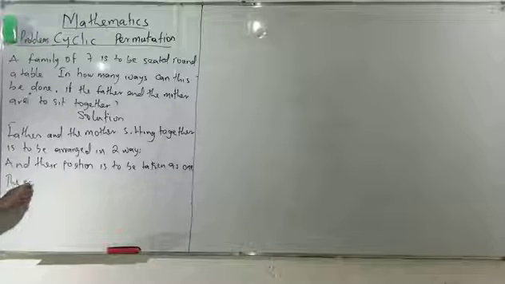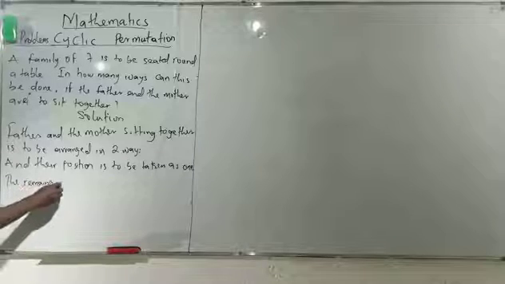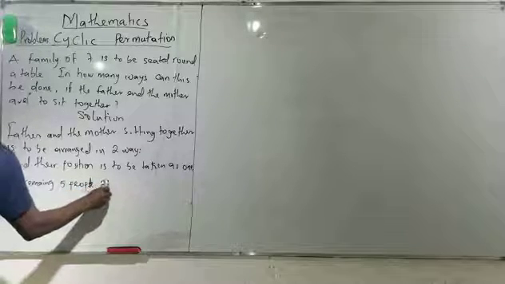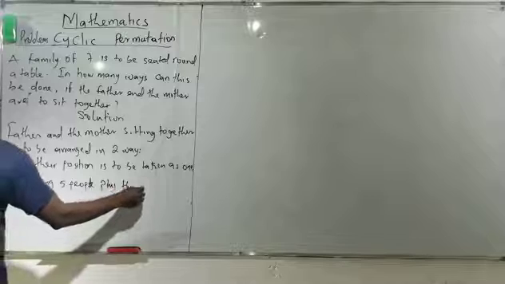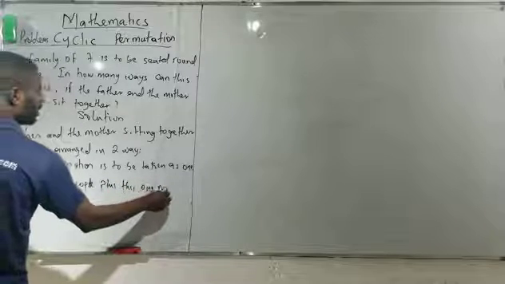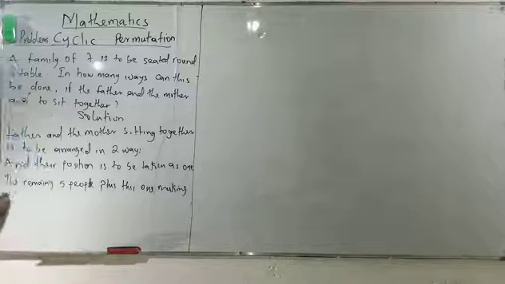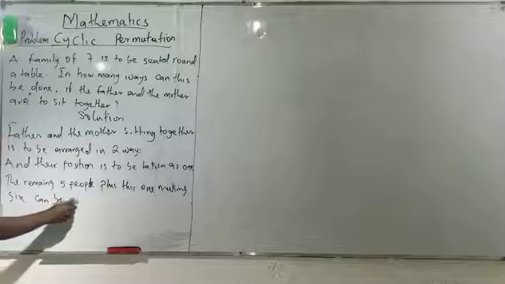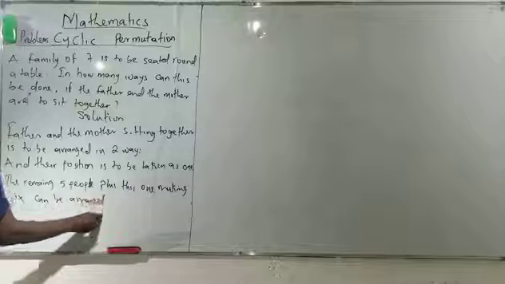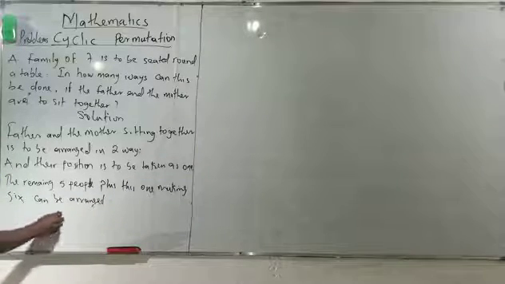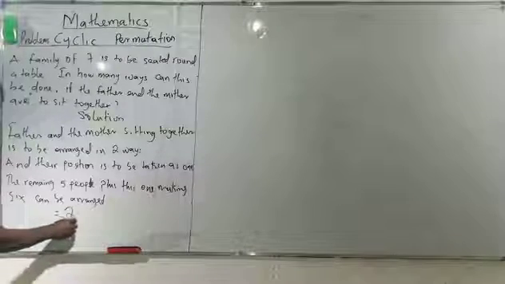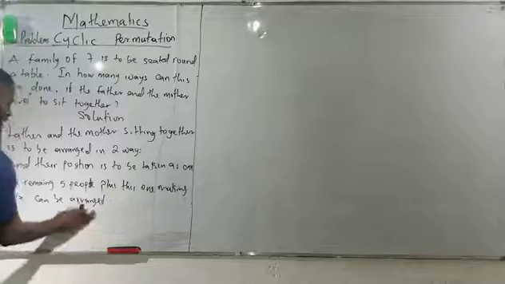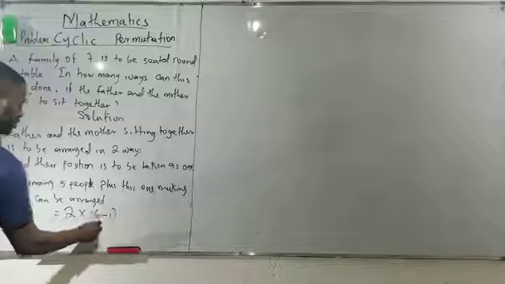The remaining 5 people plus this 1, making 6, can be arranged in 2 multiplied by 6. It means my n will be 6 minus 1 factorial.